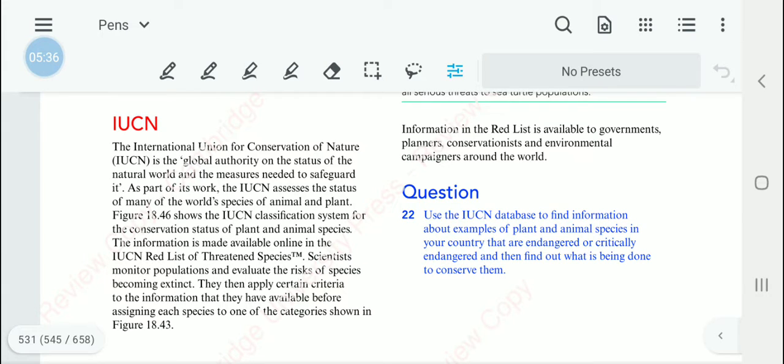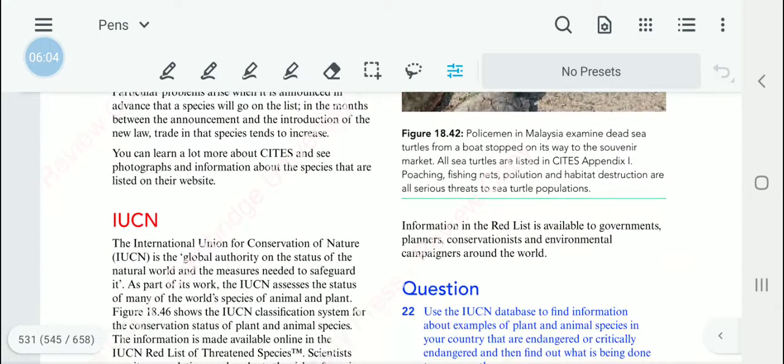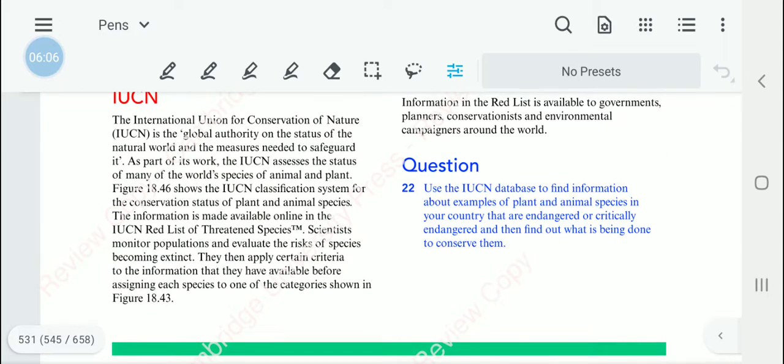What they do is identify animals and classify them based on their conservation status, that is whether they are threatened species, and they have the IUCN Red List of Threatened Species. They monitor the populations of different species and evaluate the risks of these species becoming extinct, and then they either remove or add these animals to these different lists.